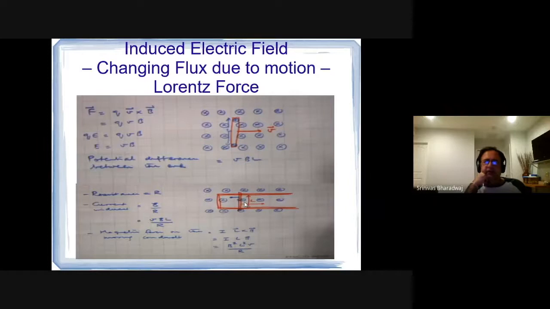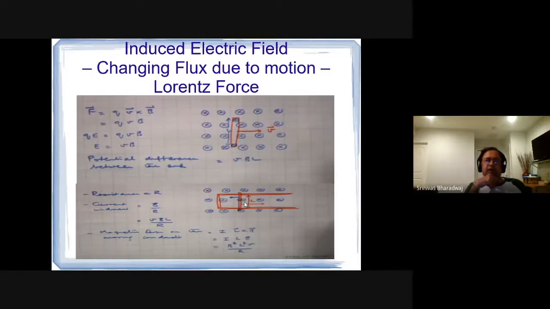Therefore VB times L, divided by R, will give you the corresponding current. I times L cross B is the other way to look at it. So I times L cross B is the force.